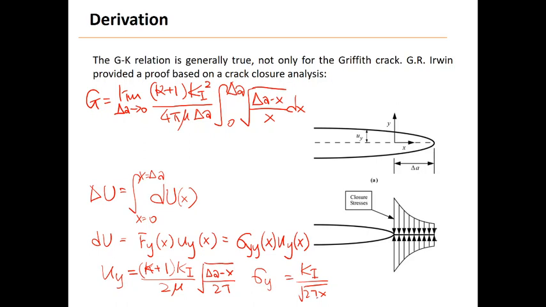So just look at this, because we have here 2 pi is being taken out. Everything that is not dependent on x, we take out. So the only thing that is dependent on x, on the sigma y, is the square root of x. That's why you see it here. The only term that depends on x from u is delta a minus x.